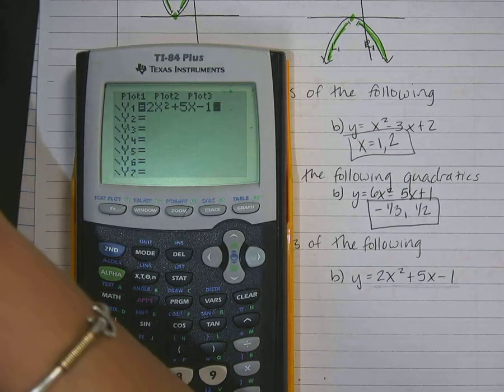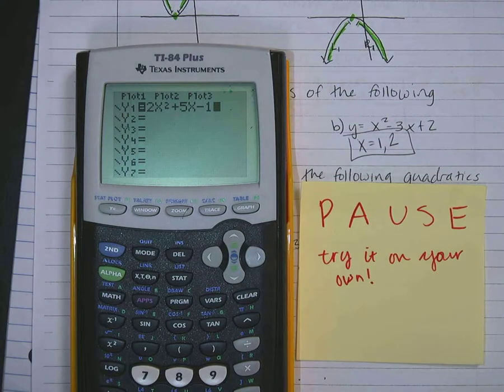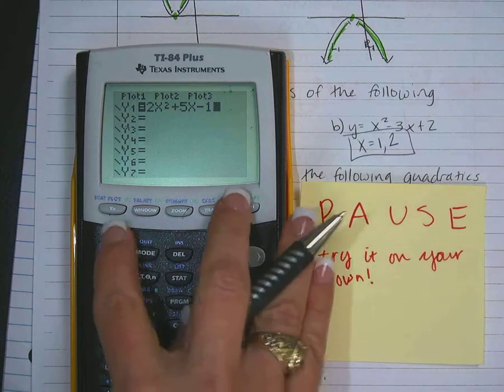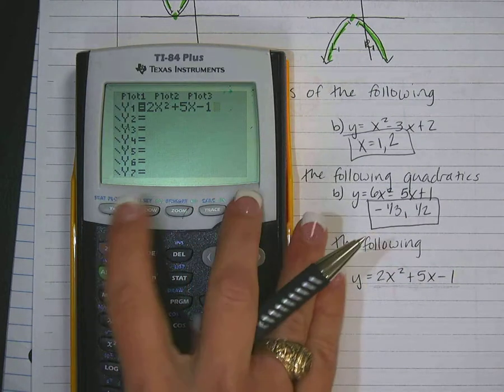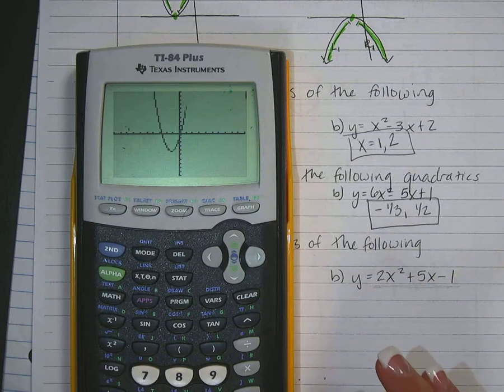Okay, now let's pause, and y'all do it on your own from start to finish. We're going to press graph to take a look at it. This one's going to be pretty straightforward.